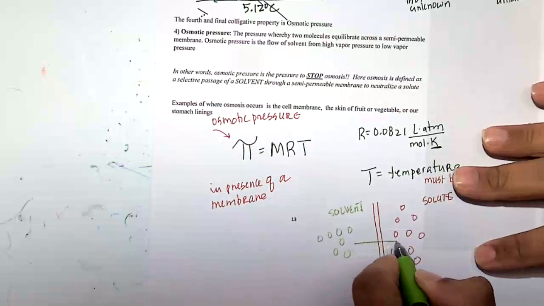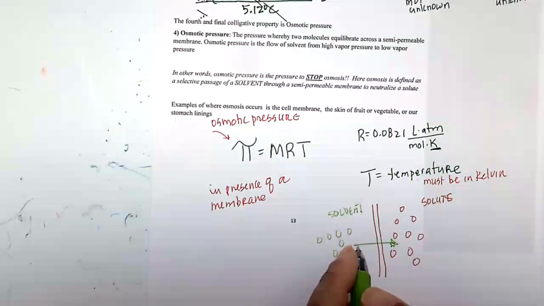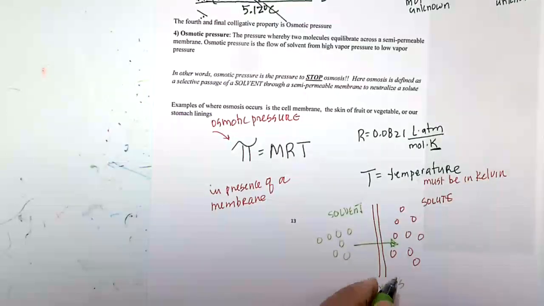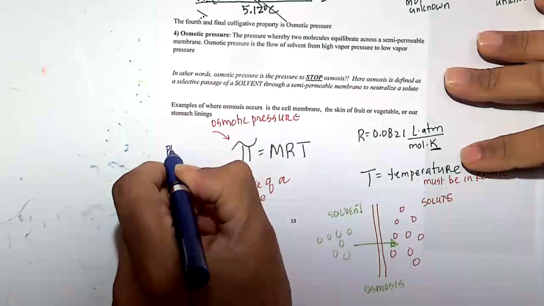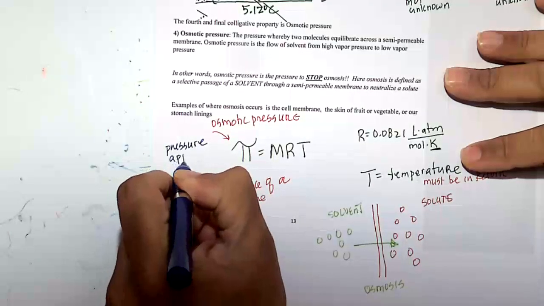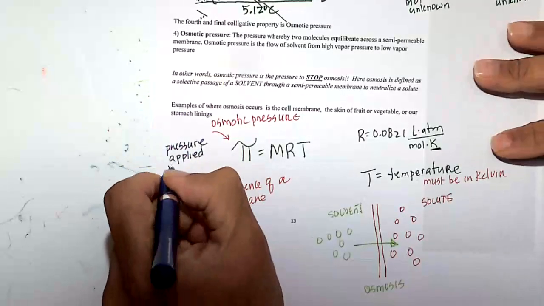So water will rush to neutralize the solute. This whole phenomenon is called osmosis. Osmotic pressure is the pressure applied to stop osmosis.